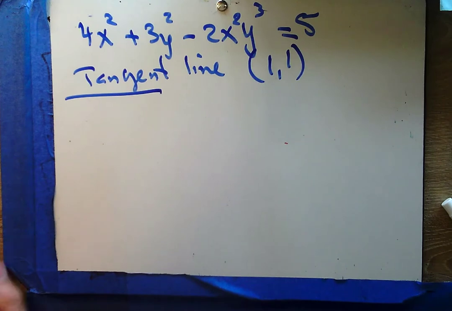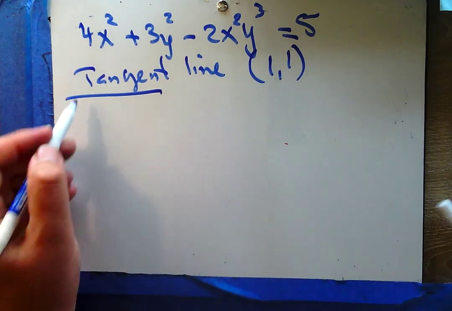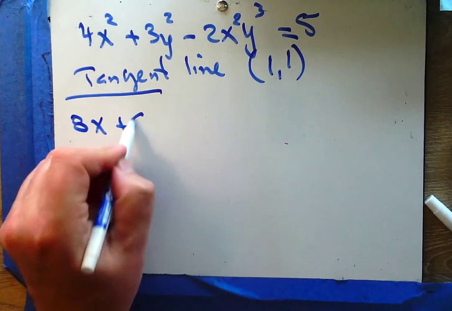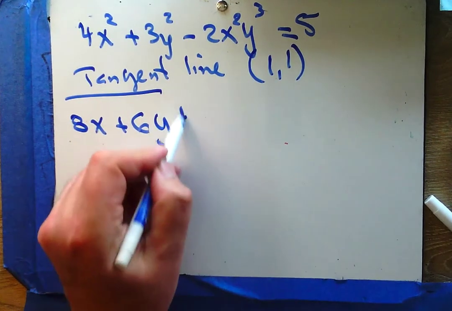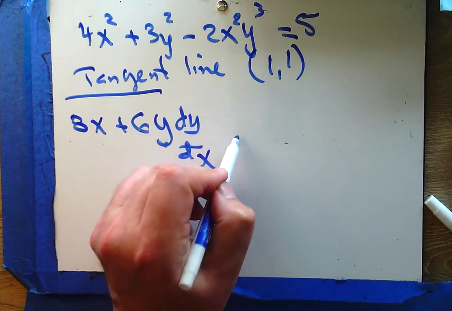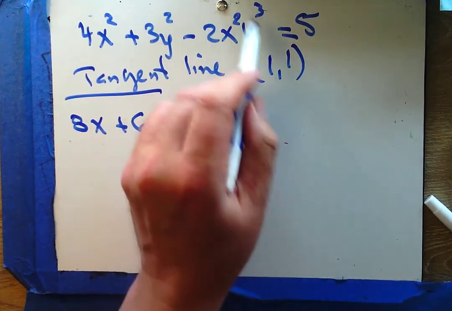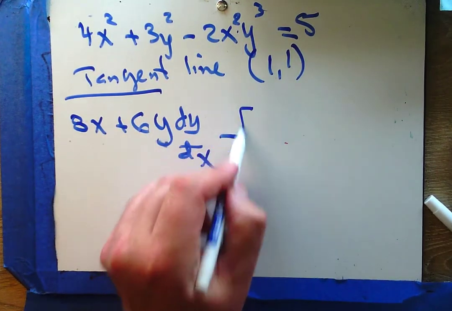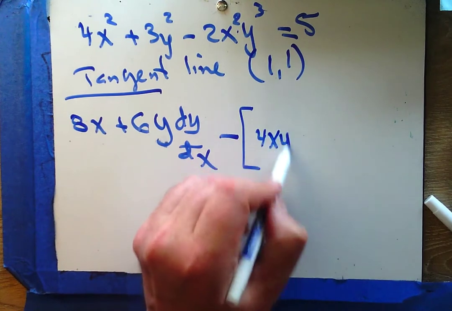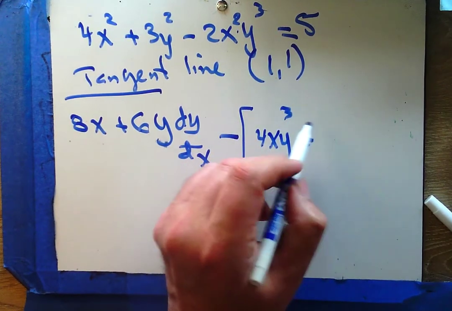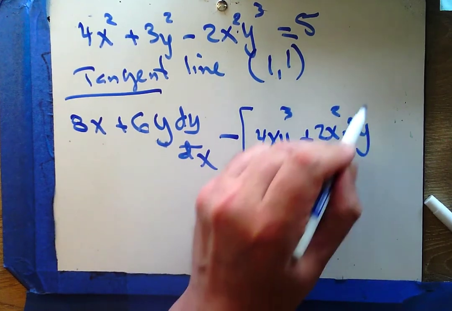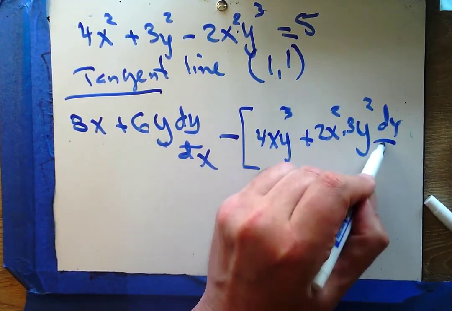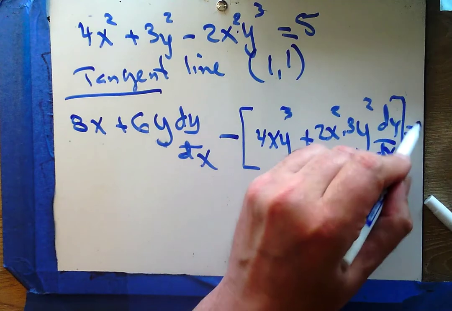Hey, welcome back. So did you have 8x plus 6y dy dx minus, product rule, minus 4xy to the third plus 2x squared times 3y squared dy dx equals 0.